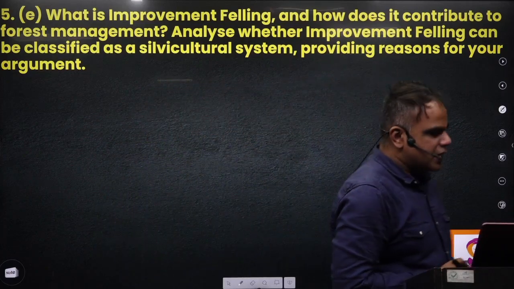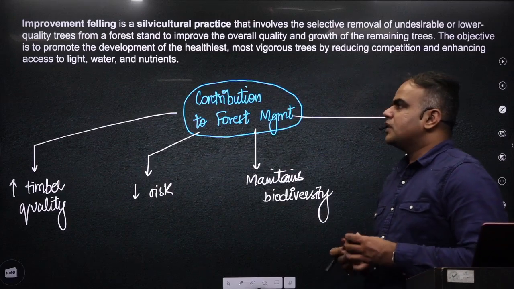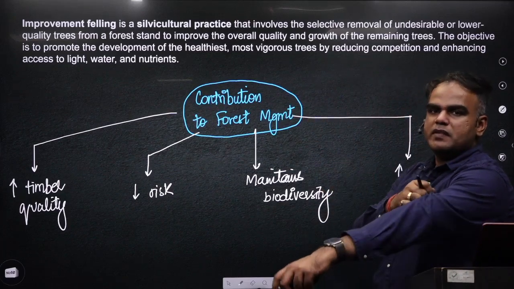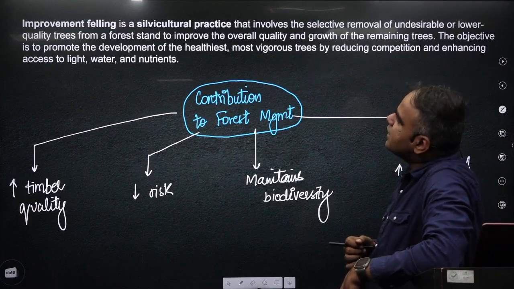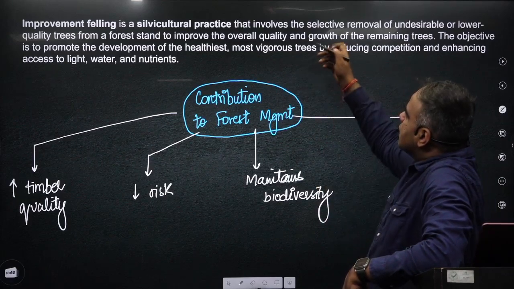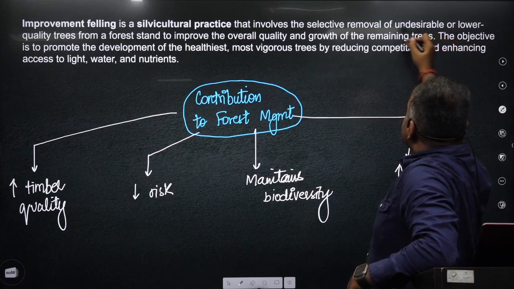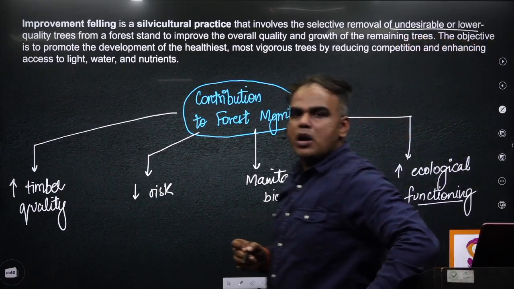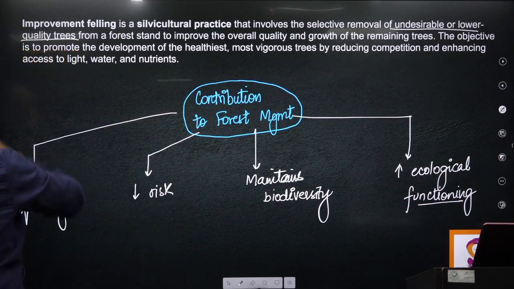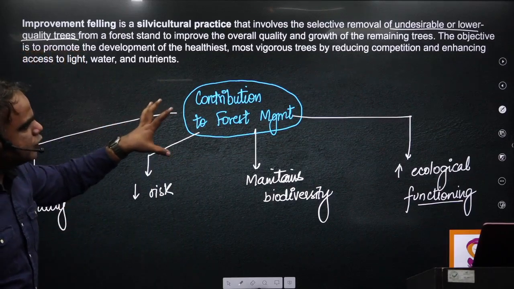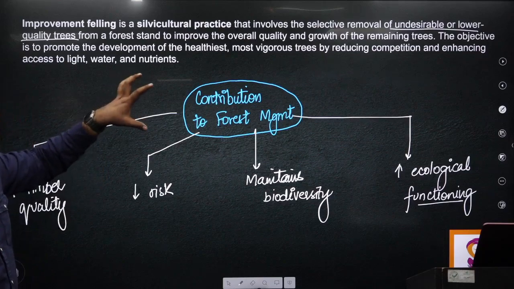Okay, now here also, when you see this question, there are few things. First we have to define what is improvement felling. Okay, so it is basically a silvicultural practice, yes, which involves selective removal of undesirable or lower quality trees from the forest stand to improve the overall quality or growth of the remaining parts.